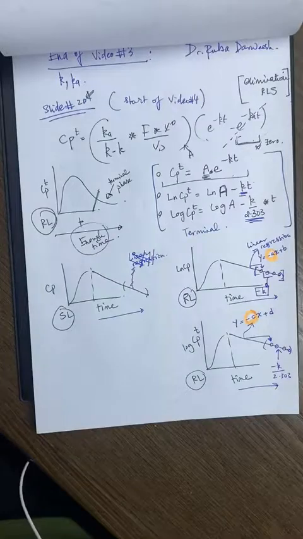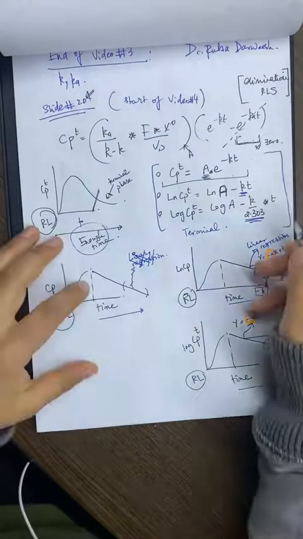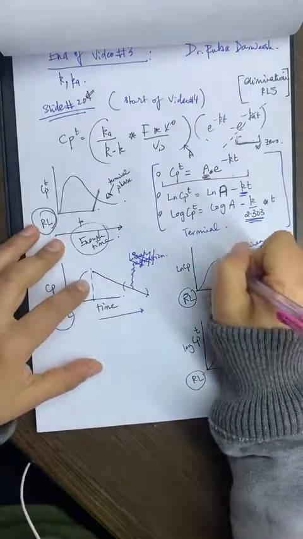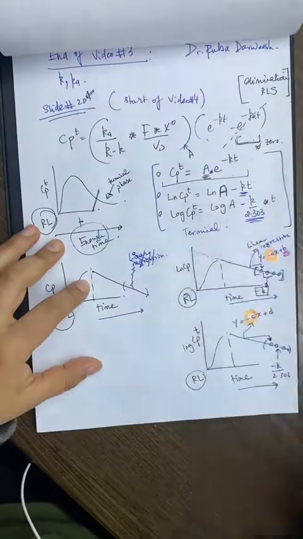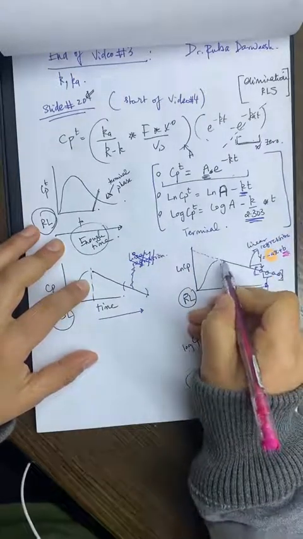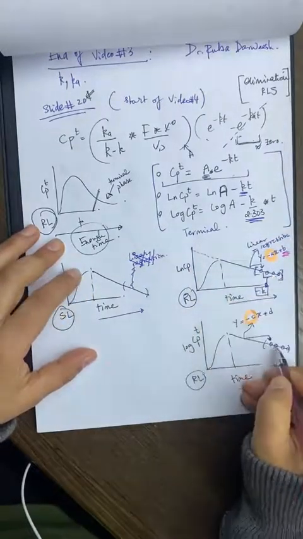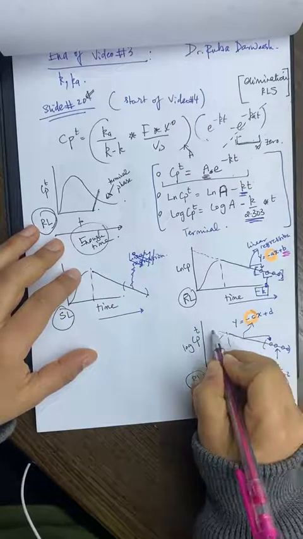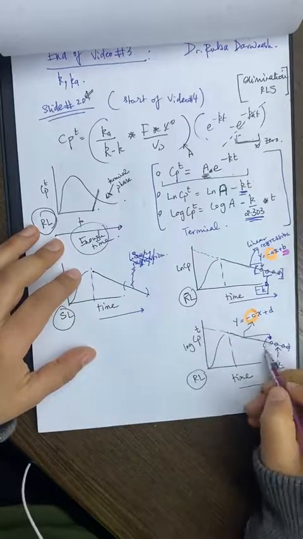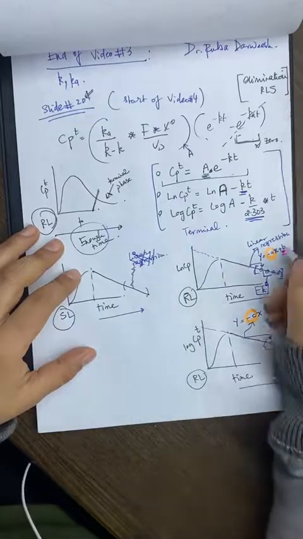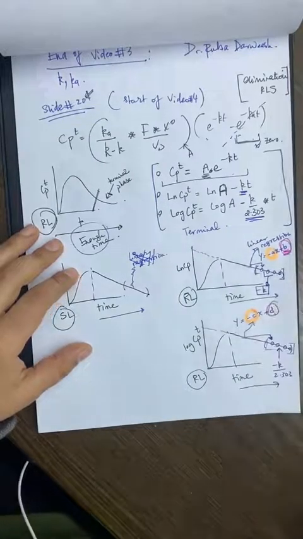For the intercept, if we do extrapolation of the linear regression of the terminal phase, again extrapolation of the linear regression of the terminal phase, I will have the intercept, right?